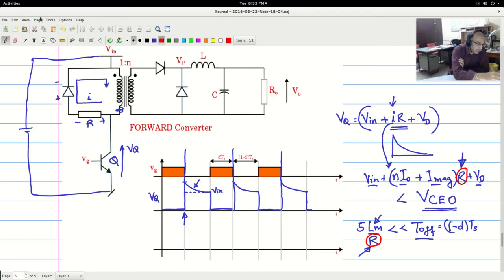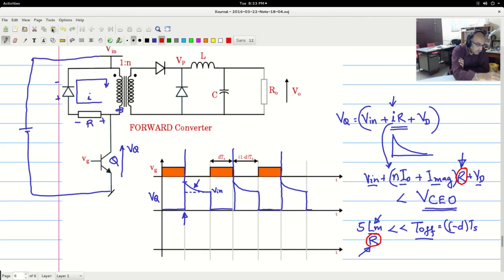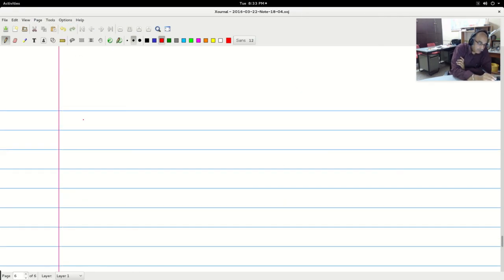Another aspect is the power dissipation in R. The energy which is stored in the magnetizing inductance is half Lm Imax square. Now this energy has to be dissipated within R every cycle.